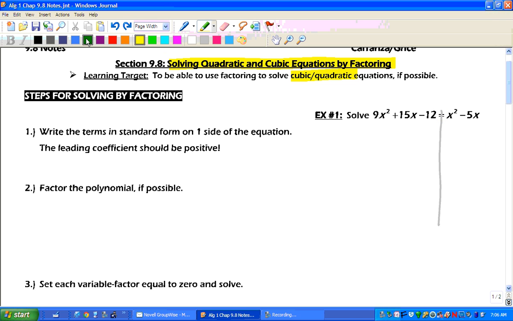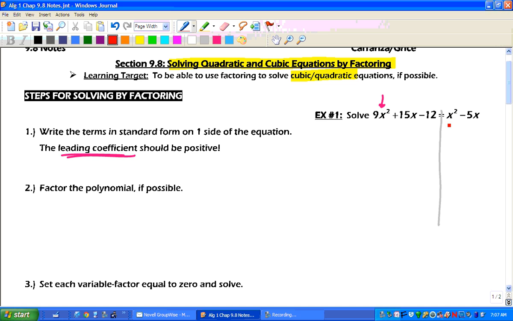An equal sign. So I want to get my variables on one side, okay? The leading coefficient should be positive, so the leading coefficient would be the x squared. What side would I have to move those to make sure they stay positive? Hopefully you're saying to the left.